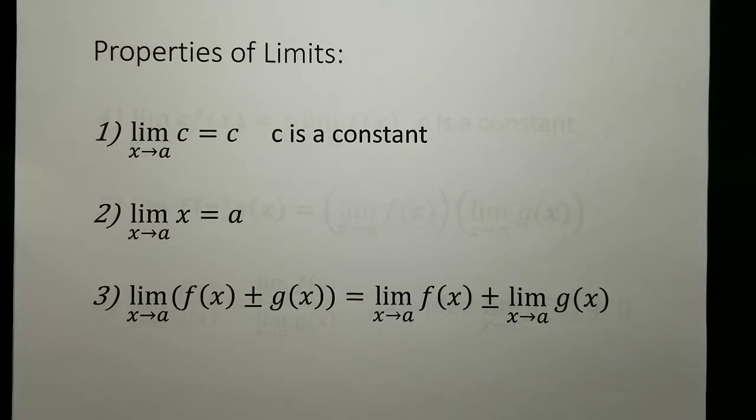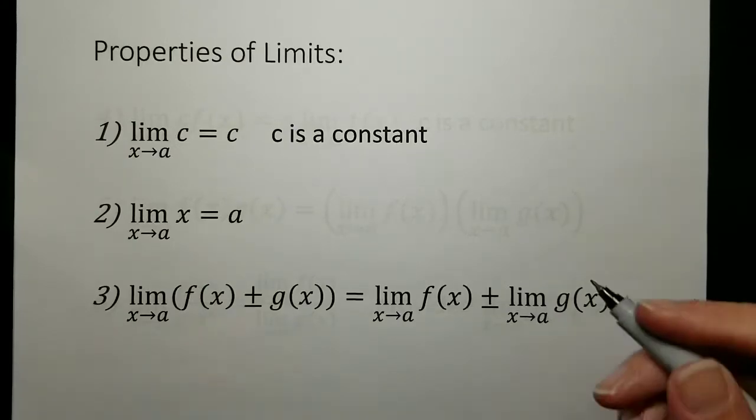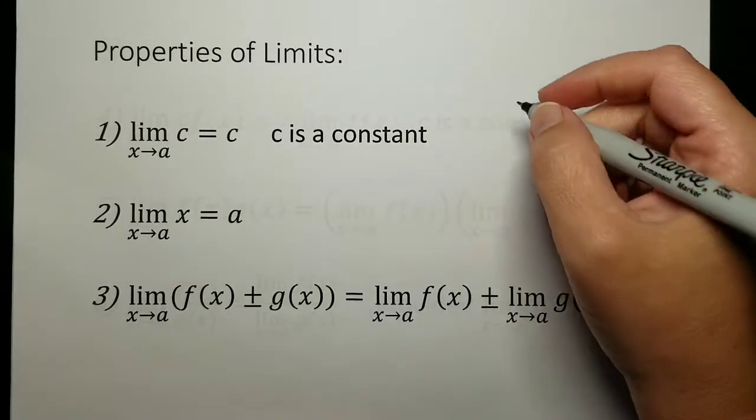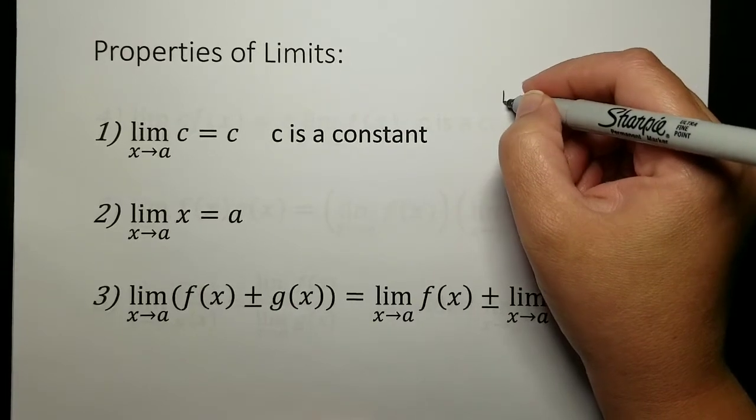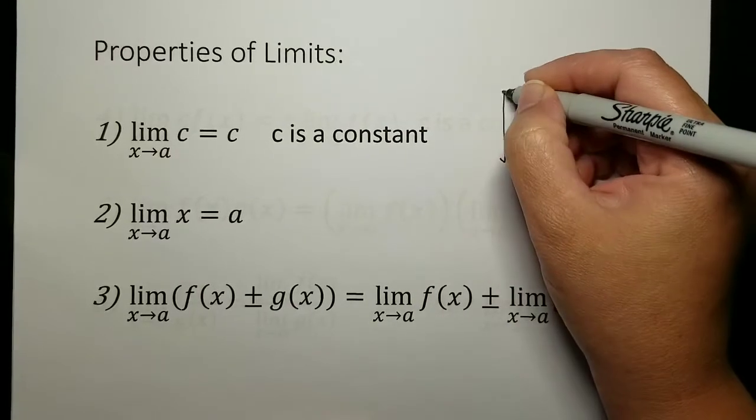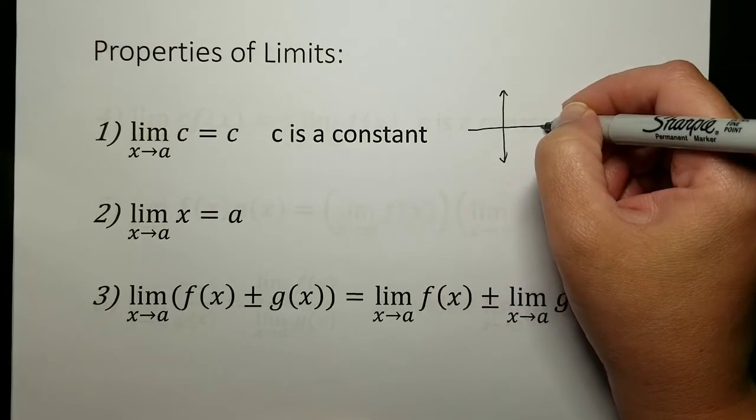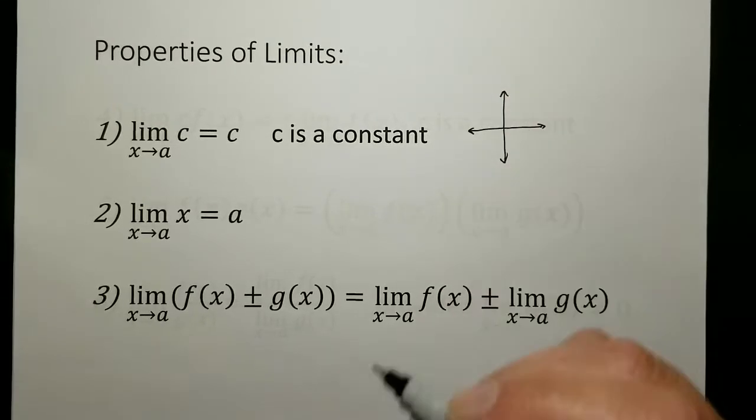If we think graphically about what that means, remember that a constant function, like f of x equals a constant value, would just be a horizontal line.